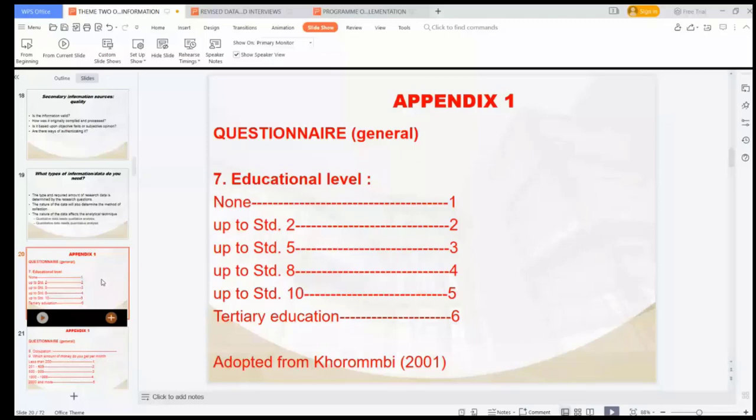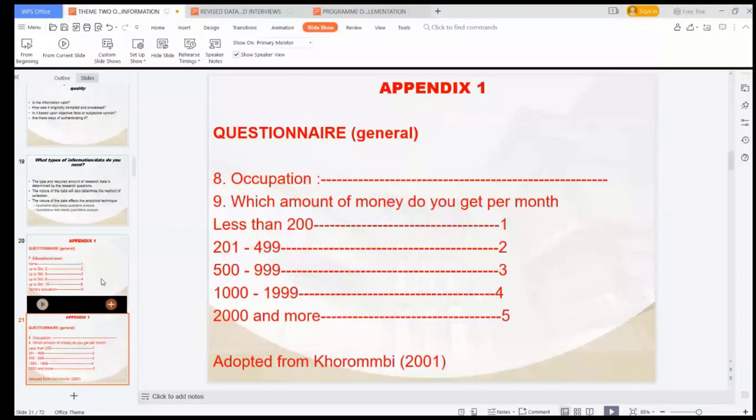And then here, we've got a different one now. But it also requires a figure. Question number 8, for an example, says occupation. What is occupation? Occupation cannot be written in numerical fashion or style. It will be written in words. It's either that I'm an engineer, I'm an examiner, I'm a teacher, I'm a lecturer, I'm a professor.